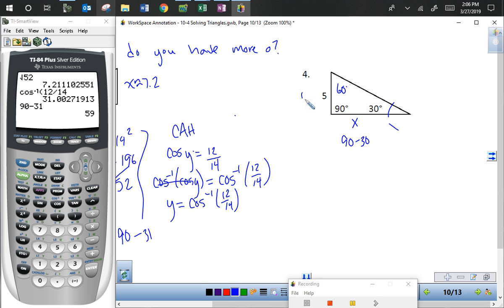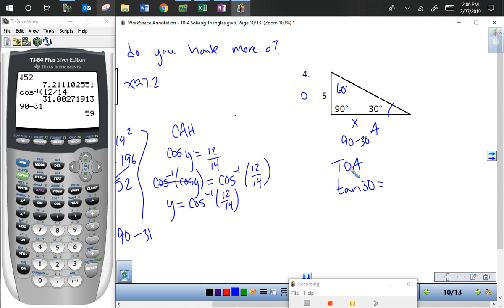5 then would be the opposite of the angle we were given, and this x where I put it would be the adjacent. That makes O and A tangent. After tangent, we always write the angle. Sometimes it's a number, sometimes it's a variable. This time it's 30.